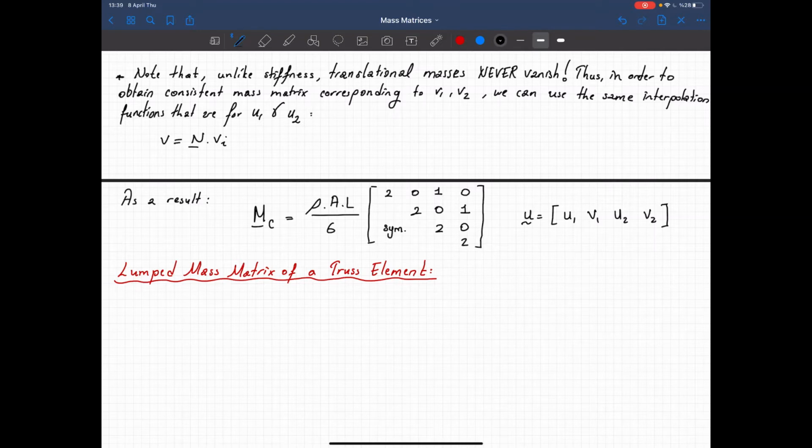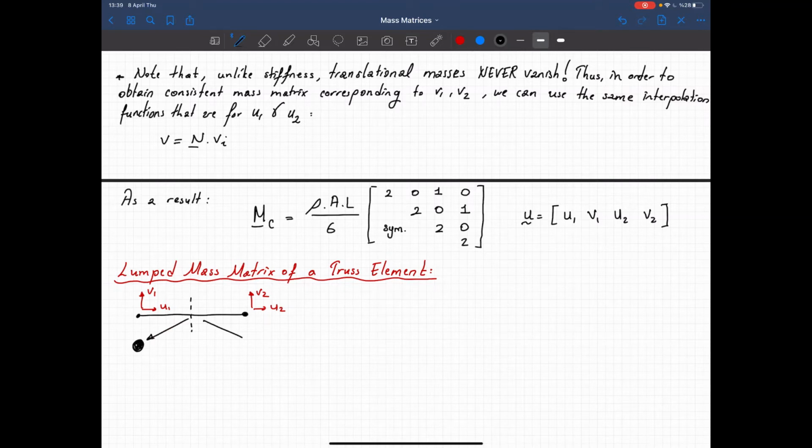So I will just draw the same truss element. We have U1, U2, V1 and V2. So what we do in the lumped mass matrix is we divide the structure in half, and half of the mass is lumped to the start node.